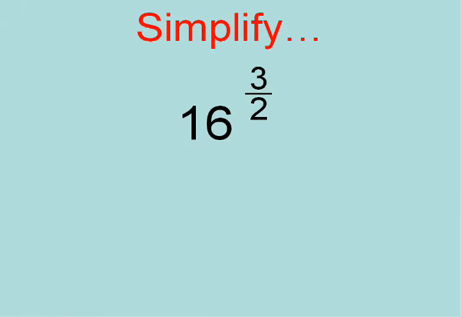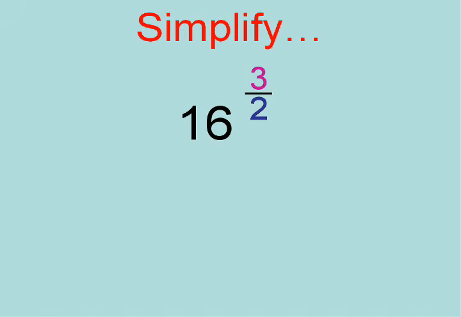Let's try and simplify this. Well, it's kind of difficult in this form. Maybe if we write it in radical form, it'll simplify. And that's what we're going to try and do. The trick here is to do each number separately. Okay? The 3, of course, is in the top. That 2, I don't want to say it's a 2. I want to say it's a half because it's in the bottom. Okay, and I'm going to execute the half first because that'll make the number lower.